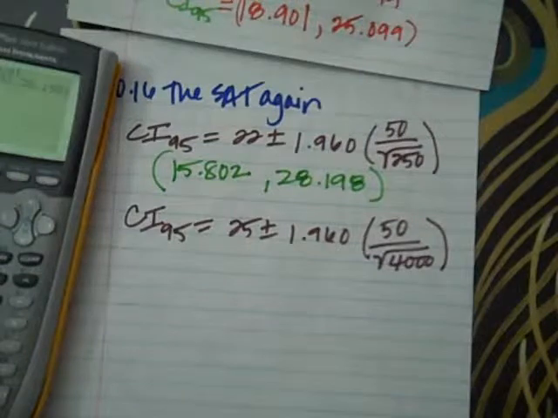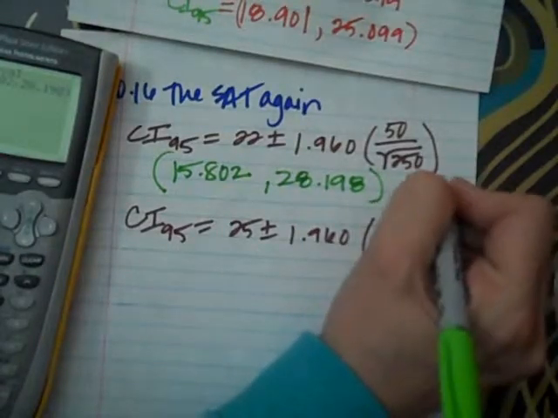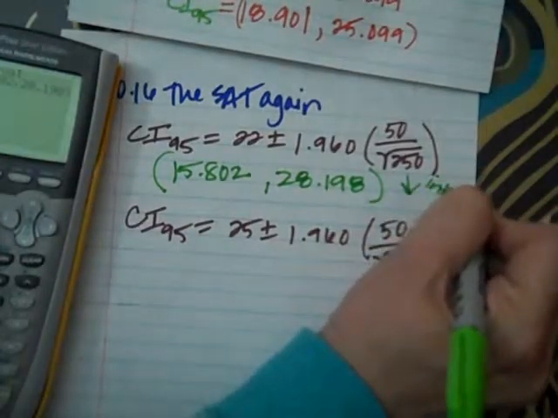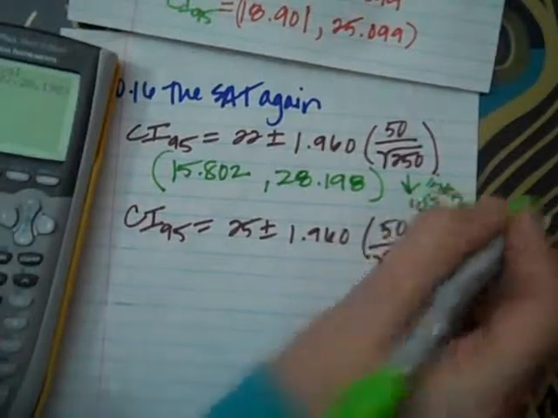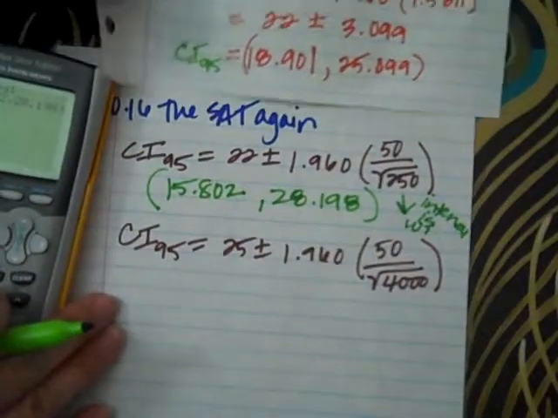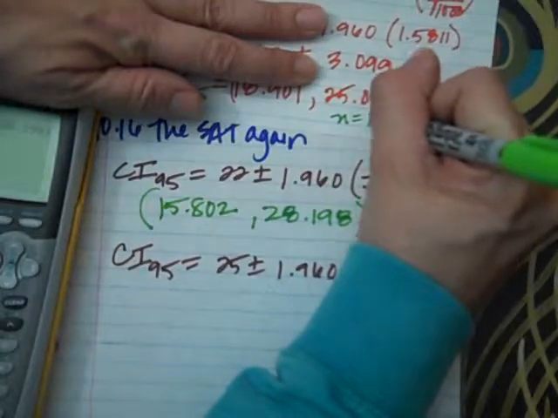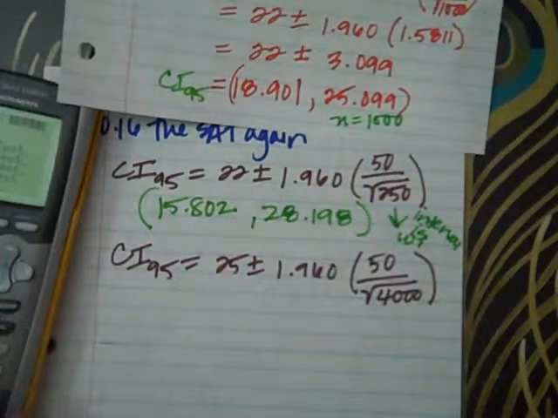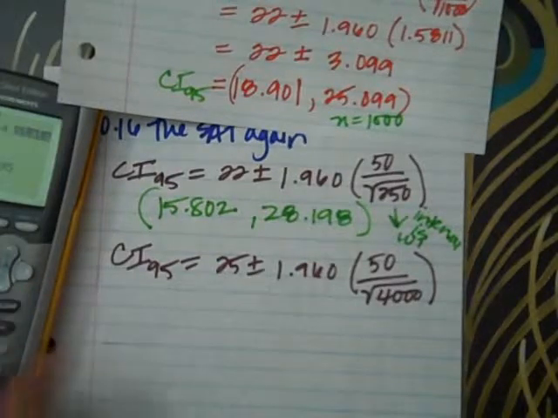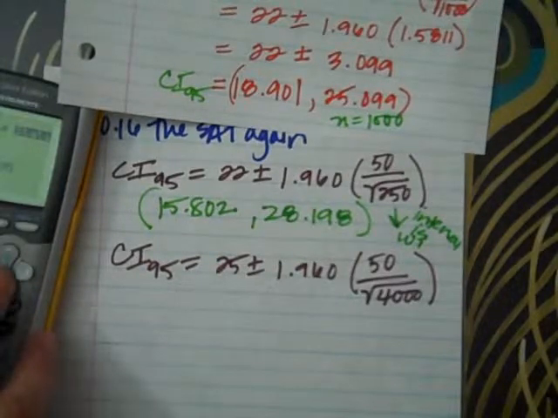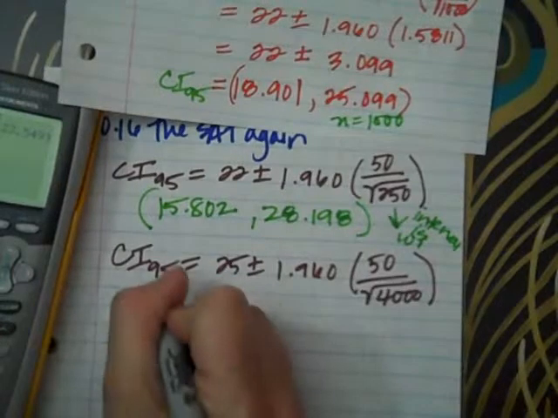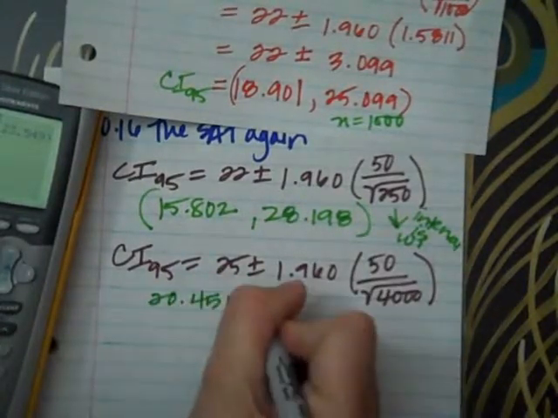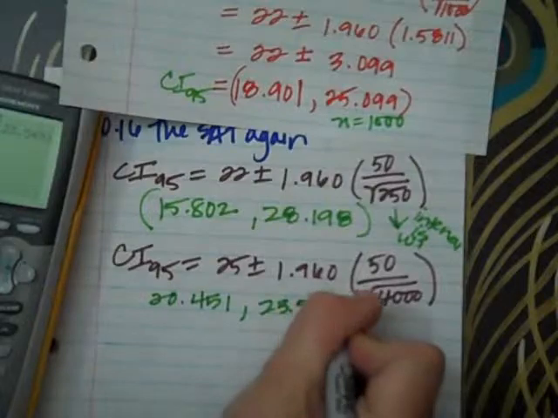Sample size went down from 1,000 and the interval got wider. Sample size went down, the interval is wider. And I'm comparing that back to my interval that I had with a sample size of 1,000. Run the test again. Change my sample size to 4,000. 20.451 to 23.549.